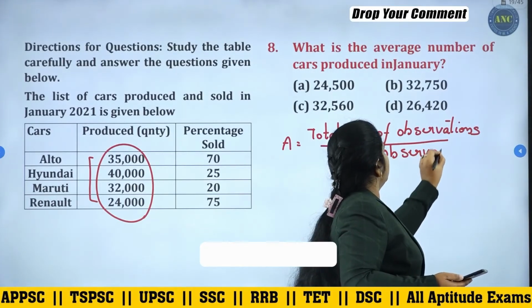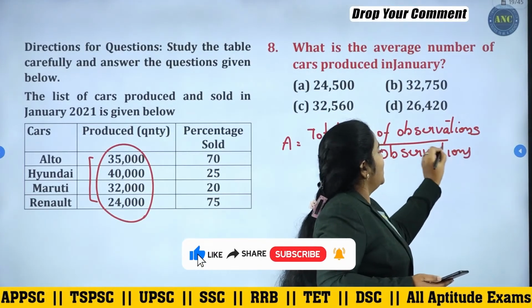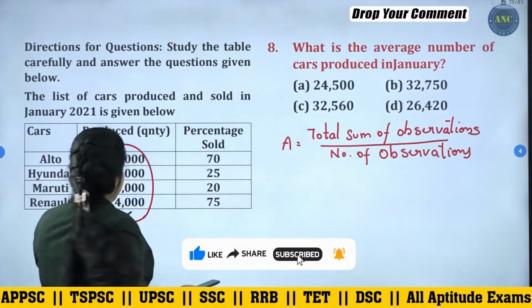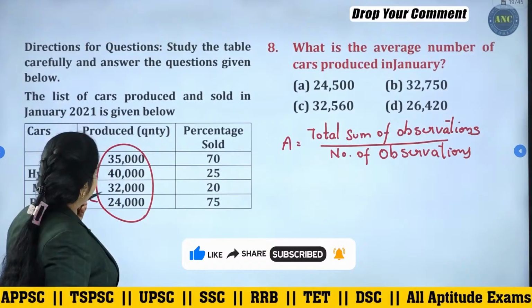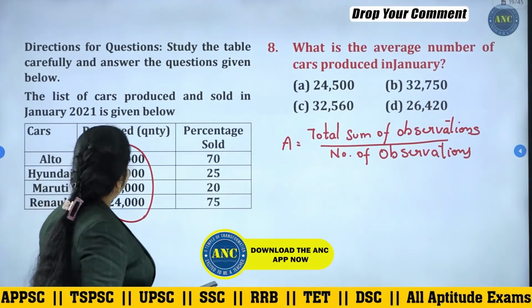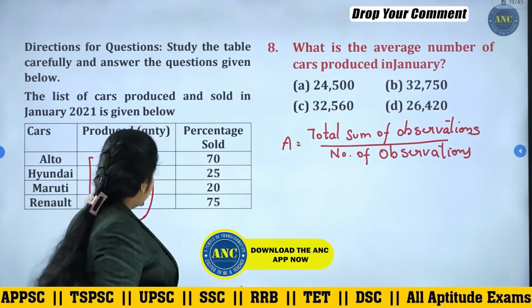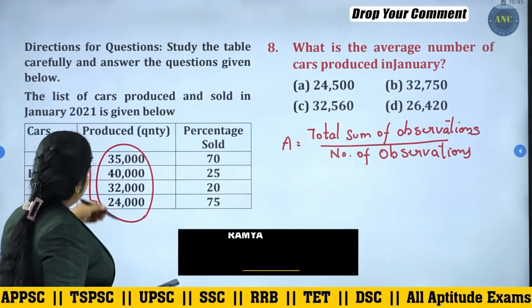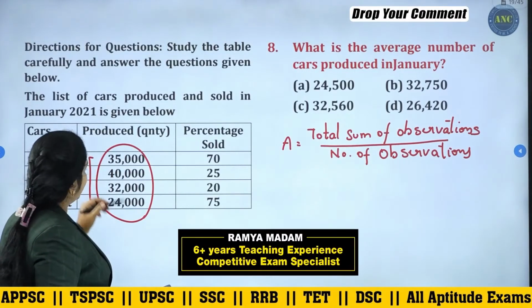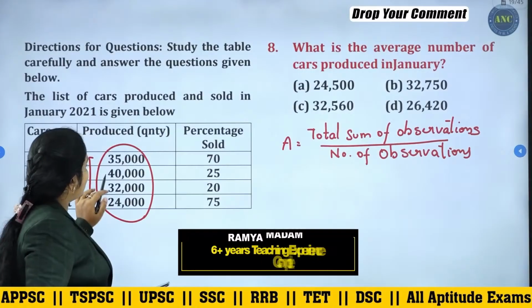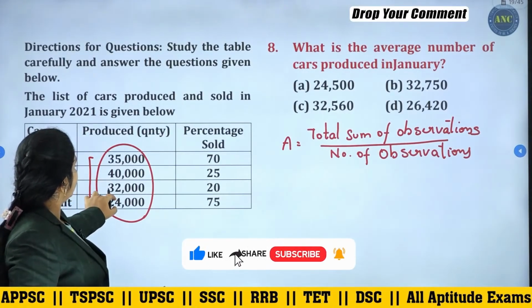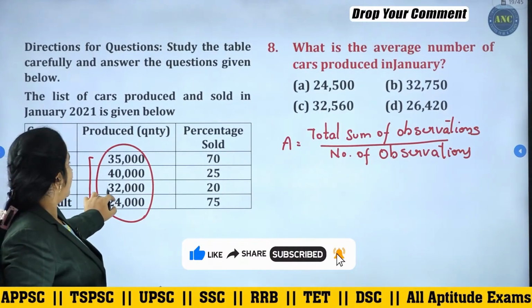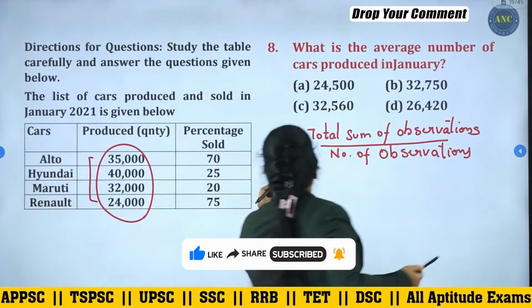How many observations do we have? We have 4 observations. So do this: 35,000 plus 40,000 plus 32,000 plus 24,000 divided by 4. 35,000 plus 40,000 is 75,000. 75,000 plus 32,000 is how much? 70 plus 30 is 100. Okay, I'll write this down here.